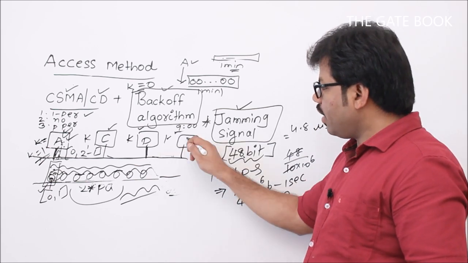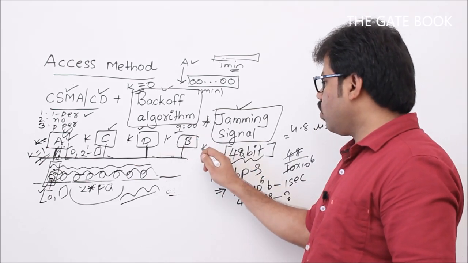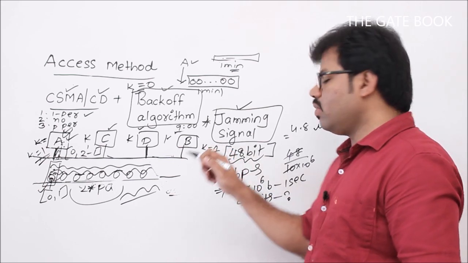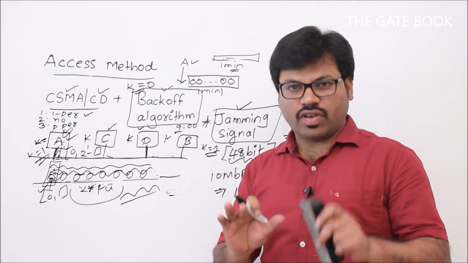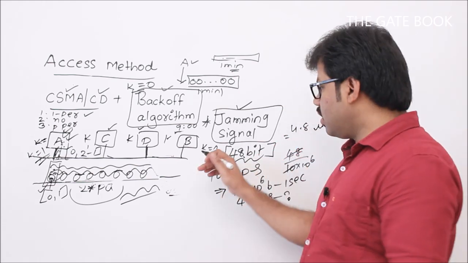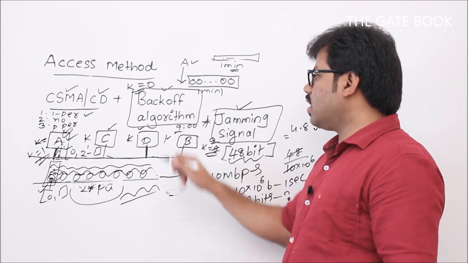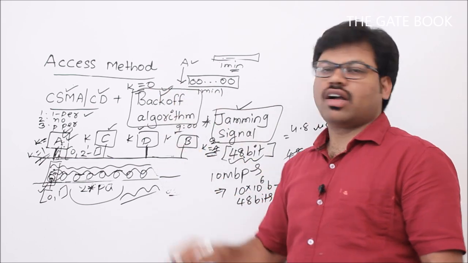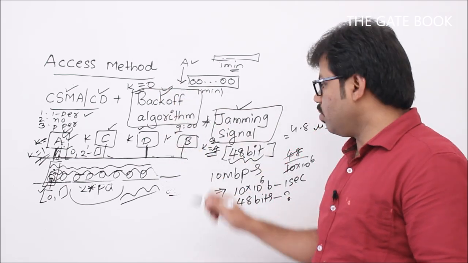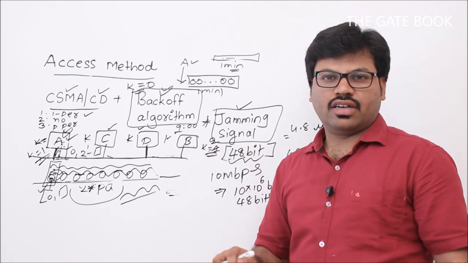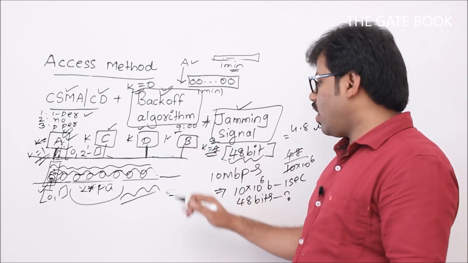So B's K value became 1. This is the second attempt for one particular data. Then this time when collision happens, B also, after sending the jam signal, will run the backoff algorithm. According to the backoff algorithm, K value will be incremented. So now for B, K value is 2.